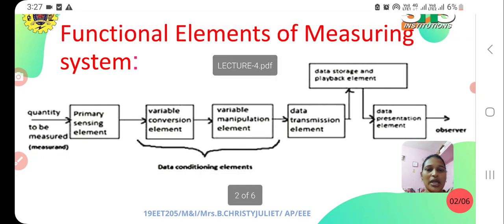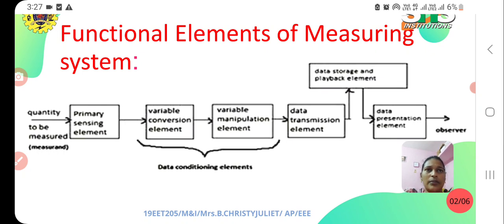Initially we have a measurand, which is the quantity to be measured. It is given as input to a primary sensing element. The primary sensing element can be a transducer or any type of sensor.